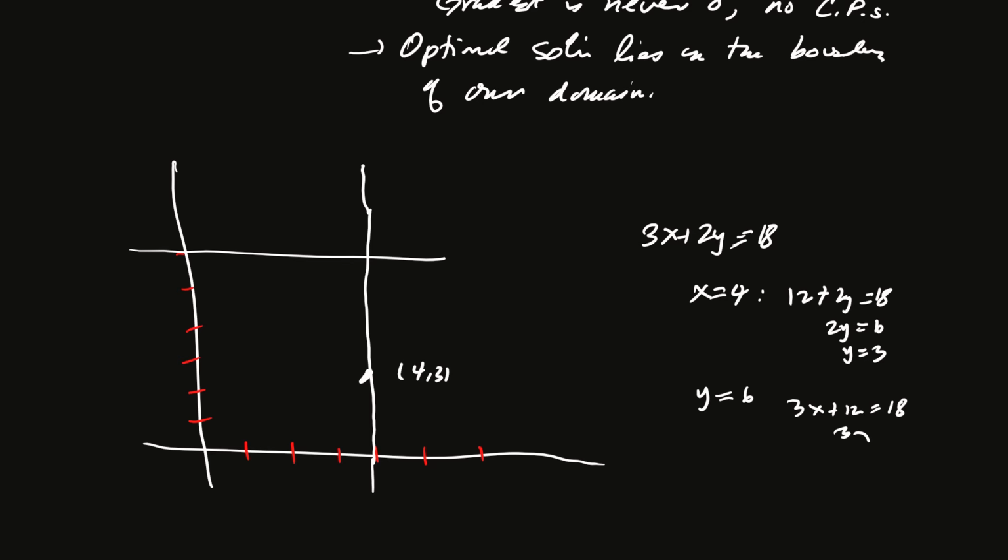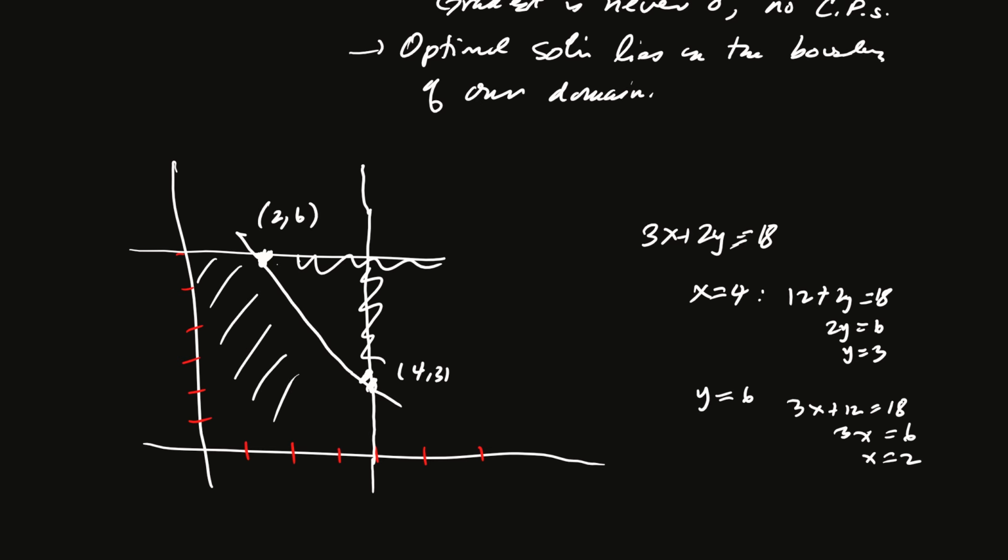Sorry about that. I'm still getting used to this stuff. So x is 2. There we go. So we have 2, 6. Good. And so this line is also part of our domain. So this is now removed, and this is our domain. Good. All right.